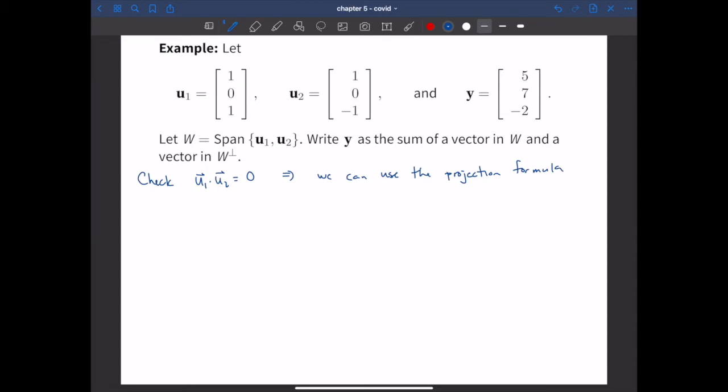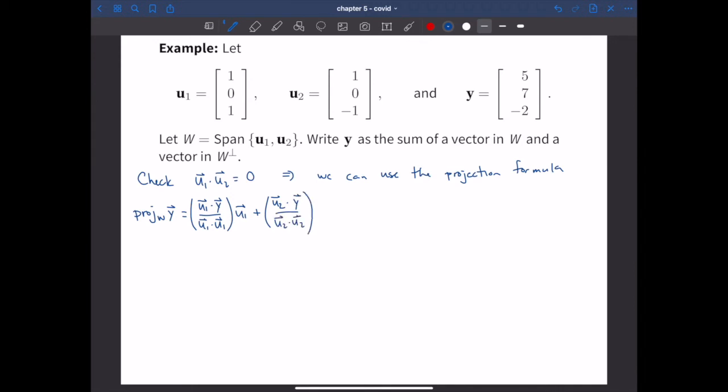Okay, so this tells us that the projection of the vector y onto the subspace W is given by u1 dot y over u1 dot u1 times u1. Okay, so remember this first piece is just a scalar, plus u2 dot y over u2 dot u2.